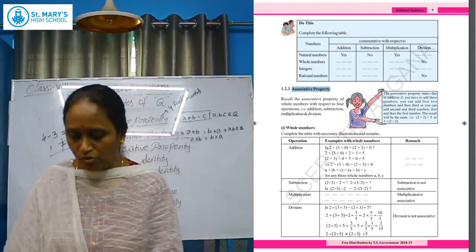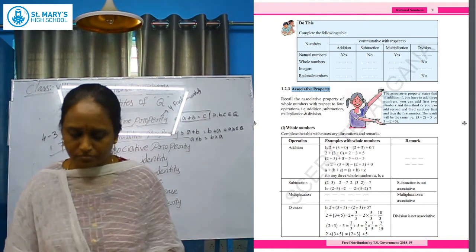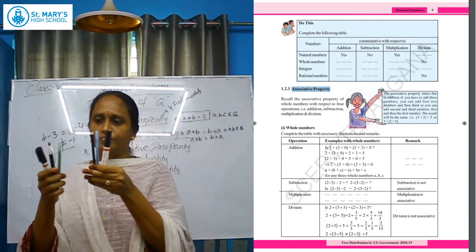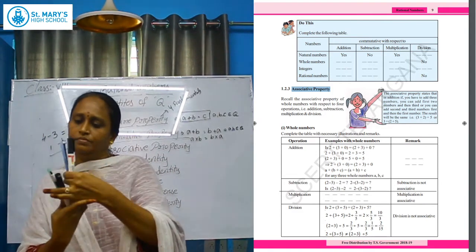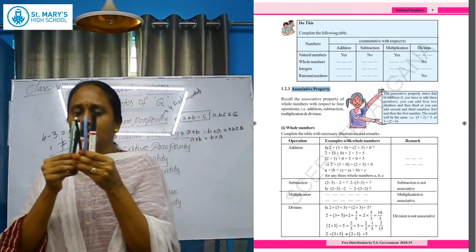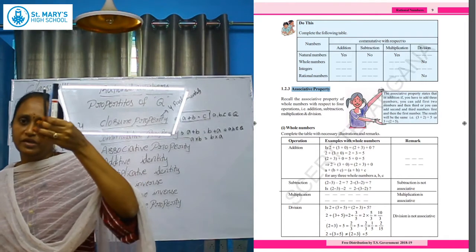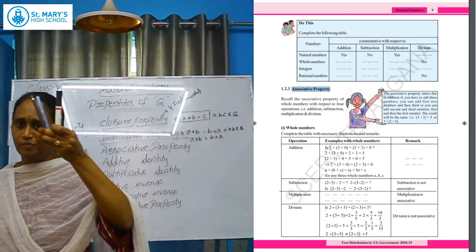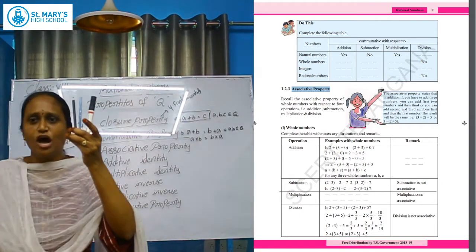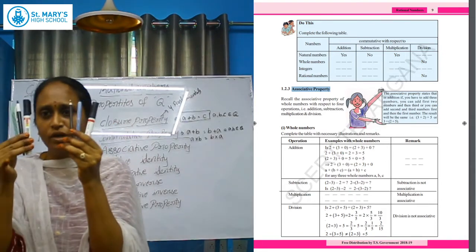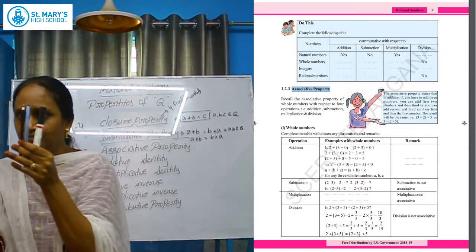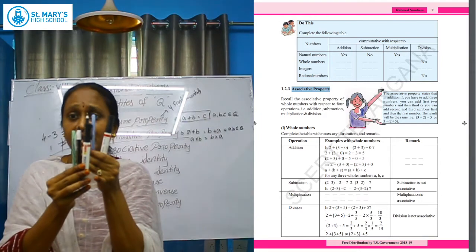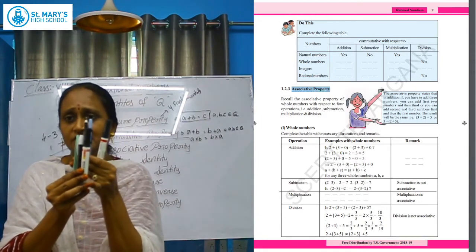For example, see here: this is A, this is B and this is C. Observe my hand: in the first hand, the black pen is A, the blue pen is B, and the marker is C. Now in the other hand, in A's place is the marker, in B's place is the black pen, and in C's place is the blue pen.